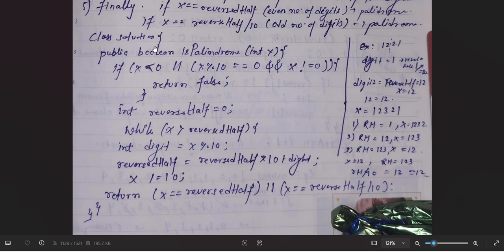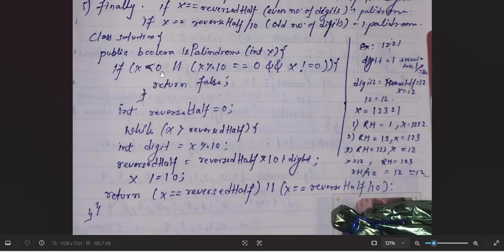Whatever I write in the code is similar to that. Firstly we have an integer x storing some value, let's suppose 1 2 3 2 1. To check whether the given variable is a palindrome or not, we check some conditions.